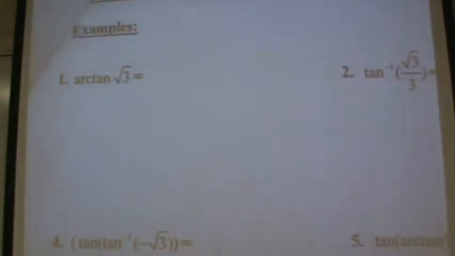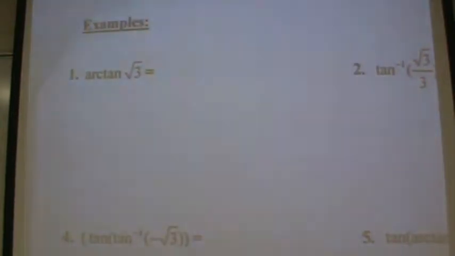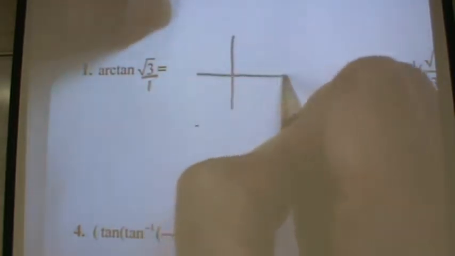So let's review. Let's go through and do the tangent ones. I'm continuing on this packet. Now remember, for tangent, if it's a positive ratio, you're in quadrant 1. If it's negative, you're in 4. I need to know what angle am I in this, get a ratio, root 3 over 2, so I'm going to draw a picture of an angle in quadrant 1.